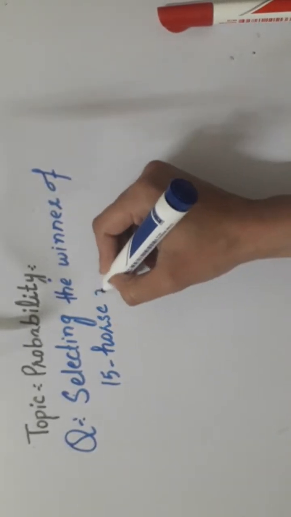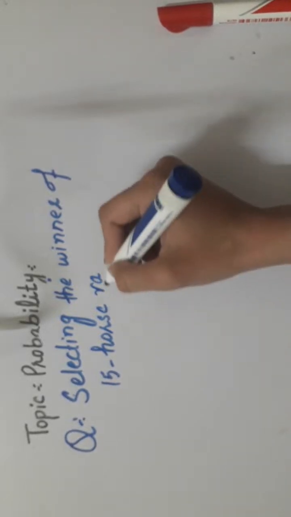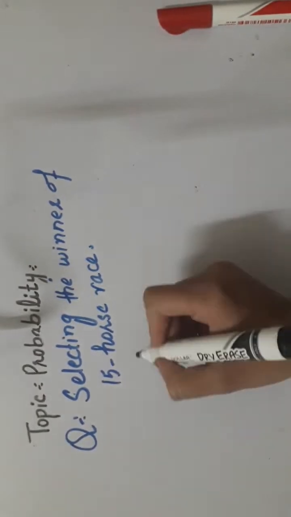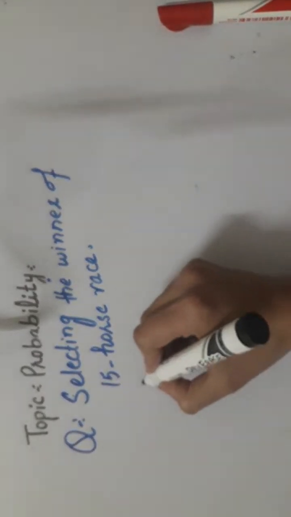So, what is the probability of this? You don't know the total number of winners. The total number of horses is not given. So from 15 horses you have to write. So you will say that the total number is equal to 15.